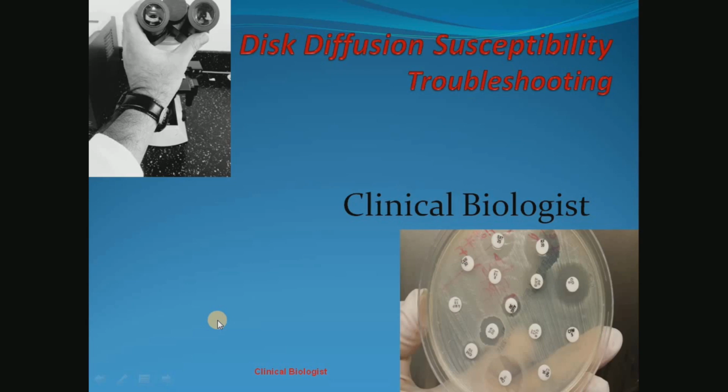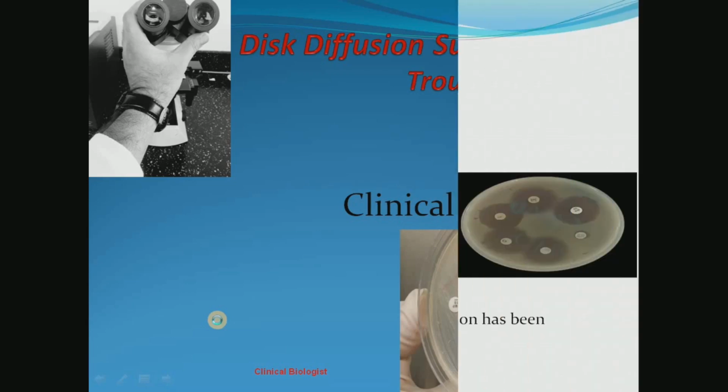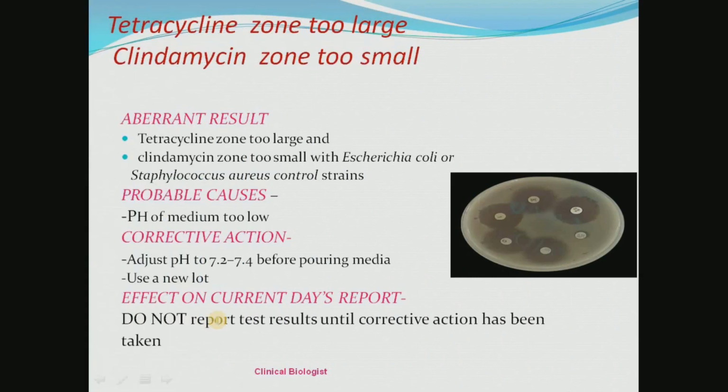So let's start. First, an important one is the tetracycline zone. We are using two strains, Escherichia coli and Staphylococcus aureus. Once you find the tetracycline zone is too large and the clindamycin zone is too small, what are the results and what are the causes?